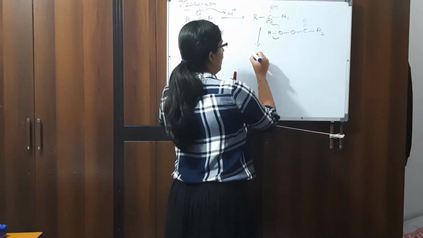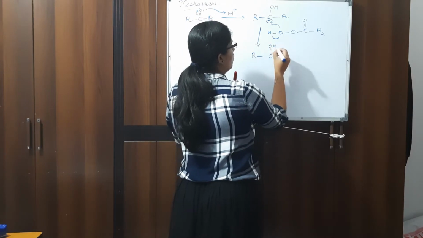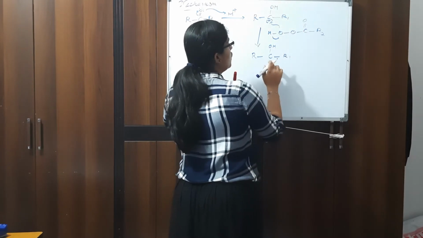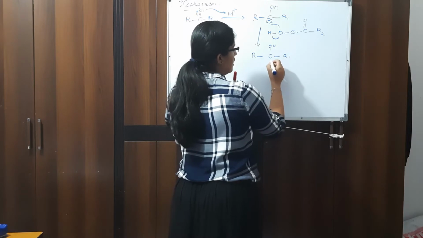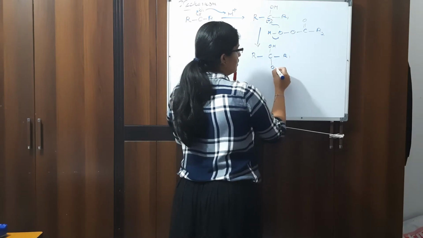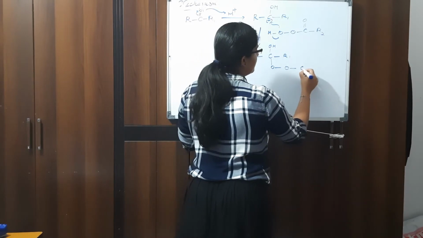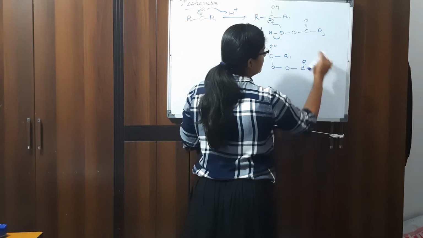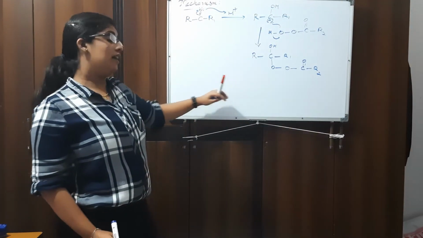And what is it that is going to happen? R C OH R1 is there on this positively charged carbon, and now this comes up: oxygen, oxygen, C double bond O, R2, same as that, right? Now what happens?